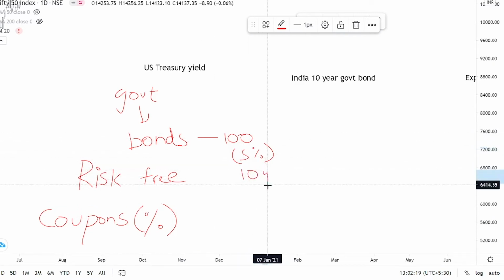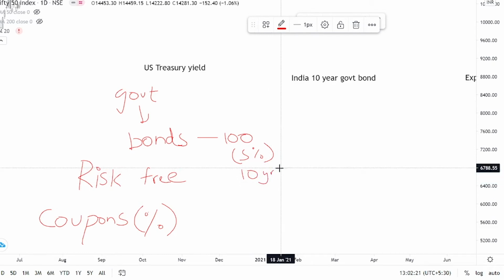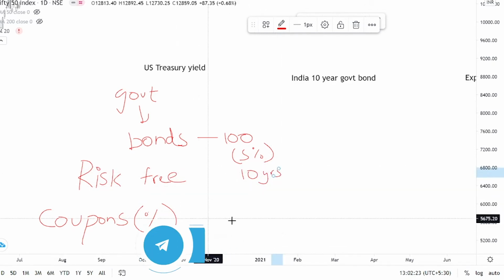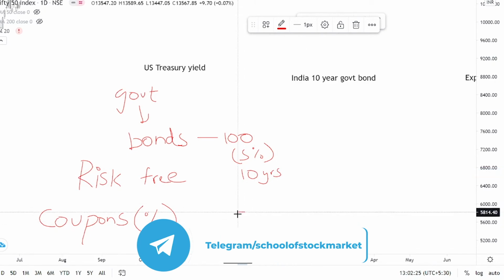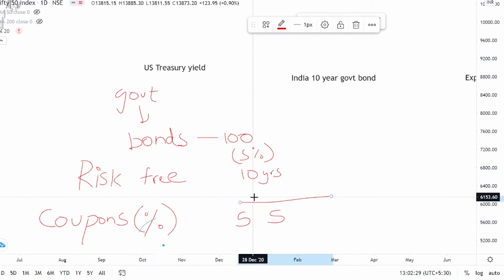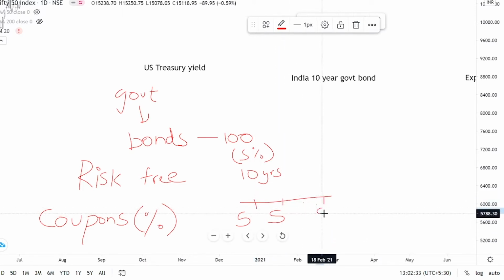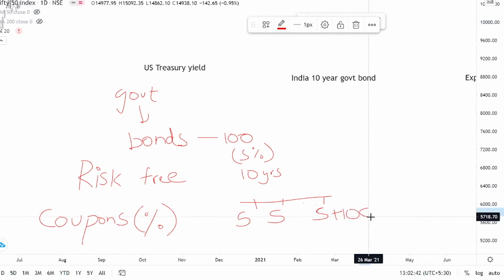The duration of the bond is 10 years. So for these 10 years, at the end of every year, you are paid 5 rupees, 5 rupees, and so on for 10 years. On the 10th year, you get your 5 rupees again plus your principal of 100 rupees. So this is how a 5% coupon bond works.